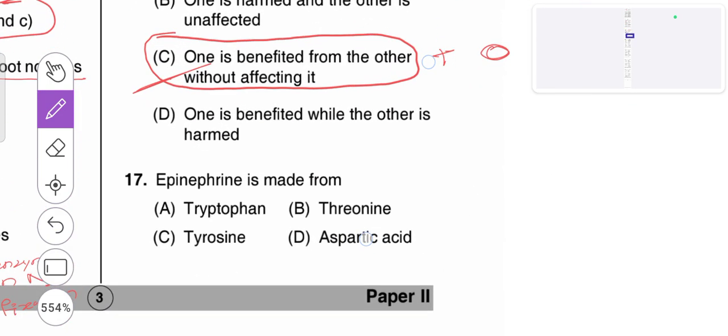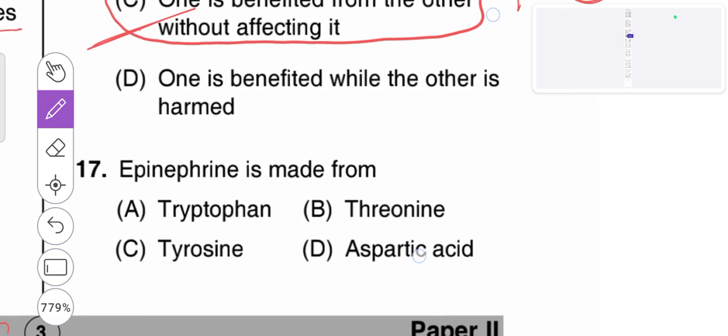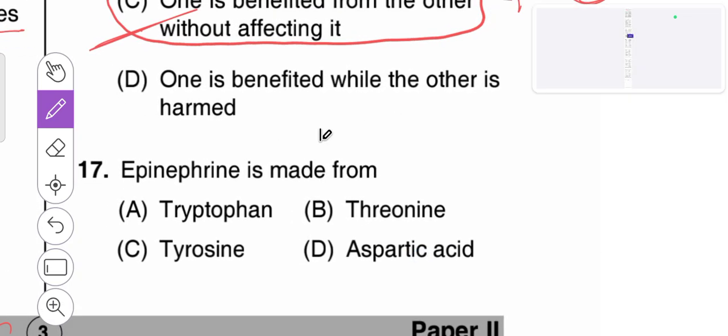So next one, 17: epinephrine is made from. So, which molecule is epinephrine made from?